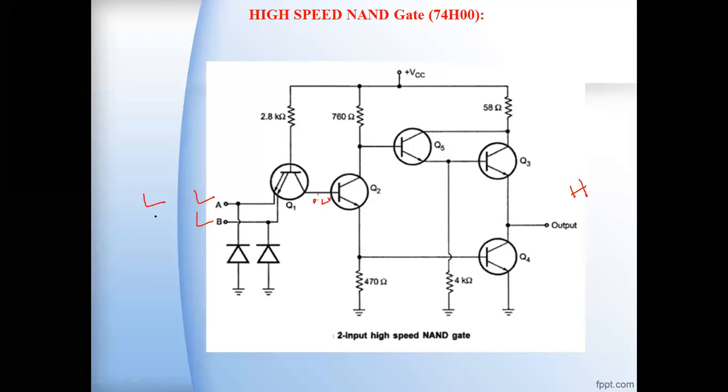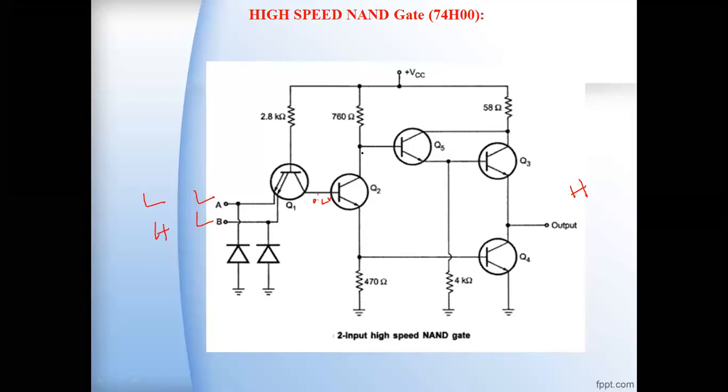For the combination of low and high input, the Q1 transistor is still conducting. So the voltage at the base of the transistor Q2 is an insufficient value, and Q2 will be off, right?